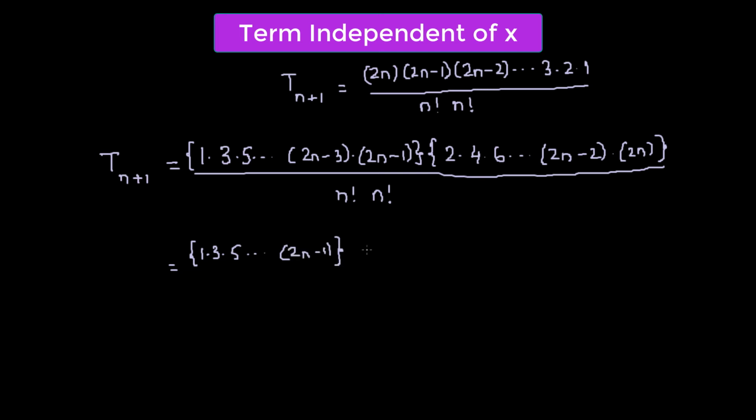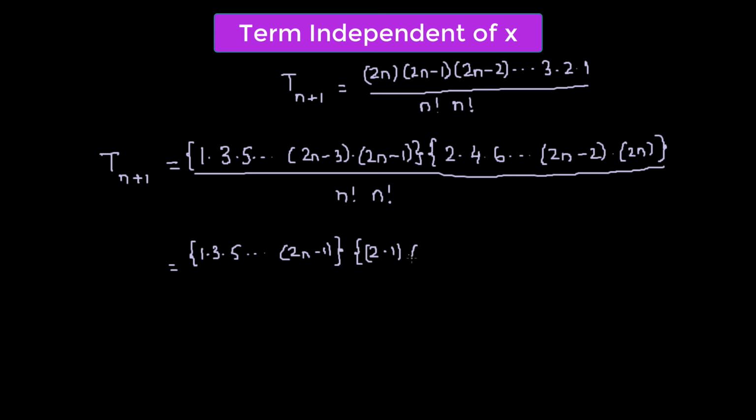Now what we're going to do is factor out 2 from each of the even terms. So from the first term we take out 2, that leaves us with 1, so we write 2 times 1.